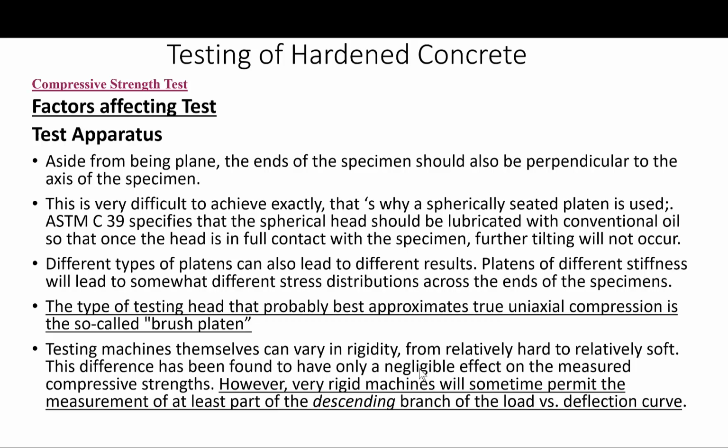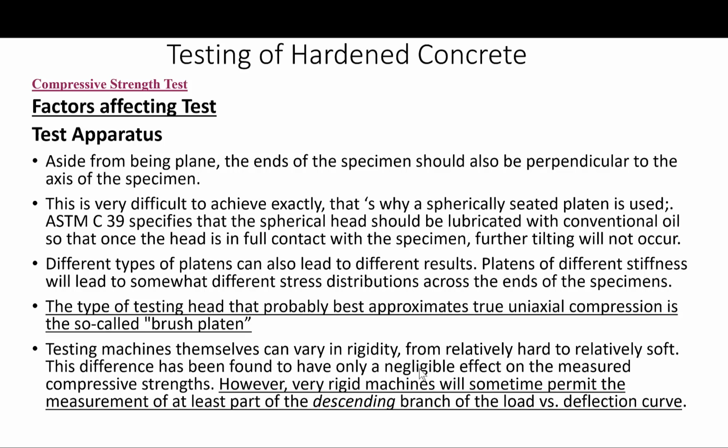Again, when you compare concrete tests, they have to be compared based on the same testing method and the same type of machine. Also, the testing machines themselves can vary in rigidity, from relatively hard to relatively soft.